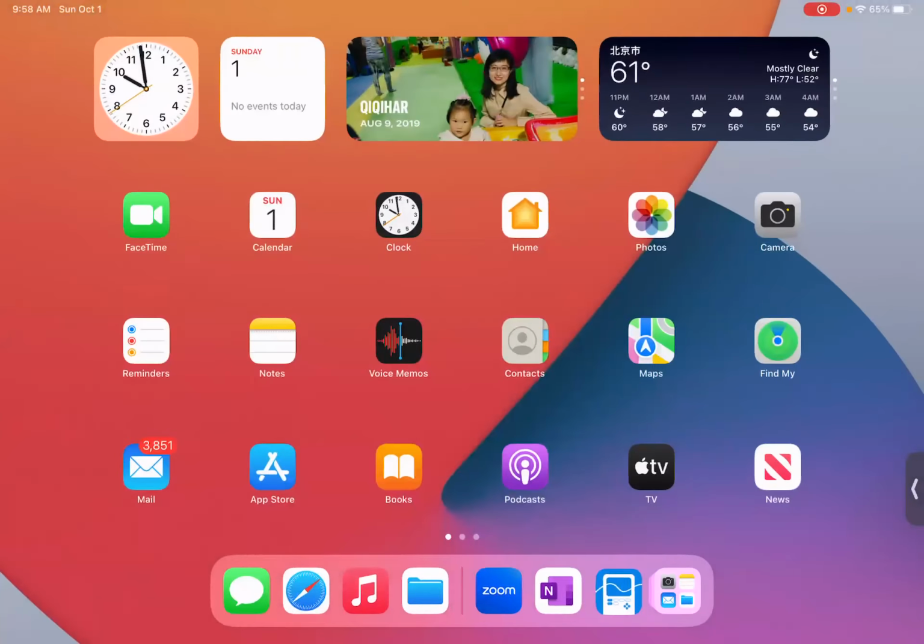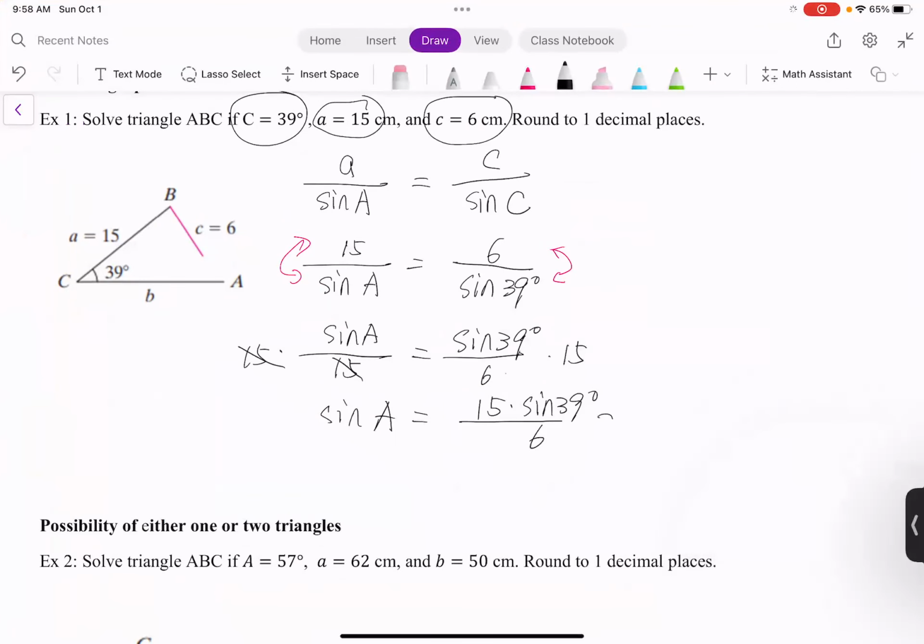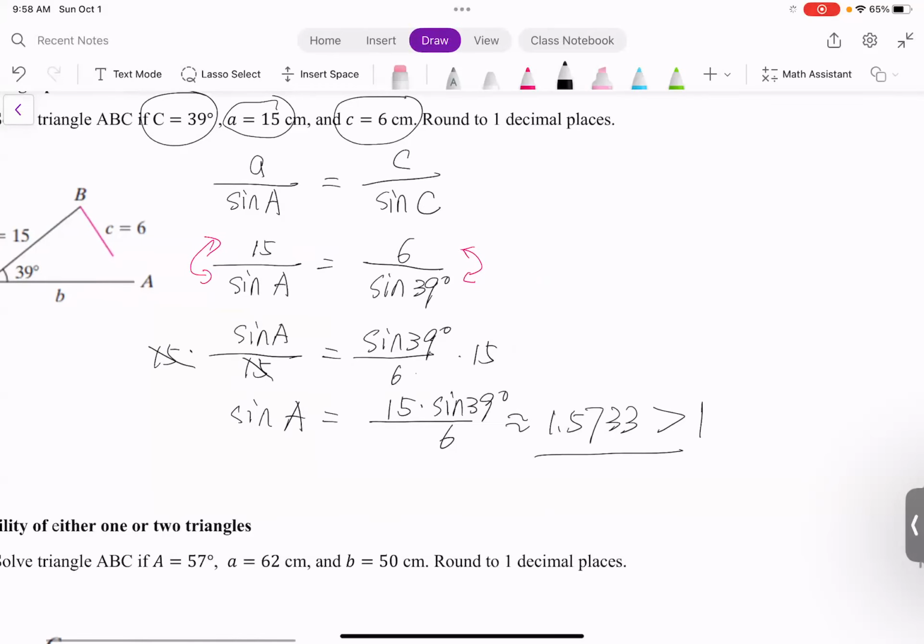So I'm having 1.5733. This value is greater than 1. That means I do not have such an angle A satisfying this condition. So there is no triangle.